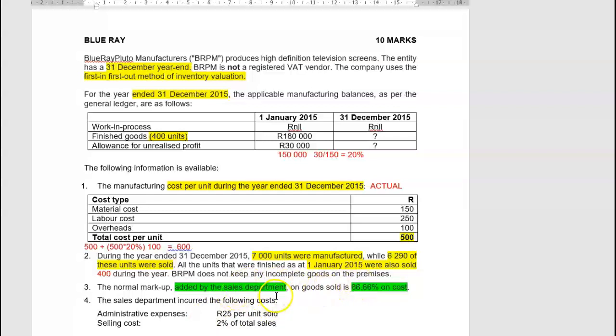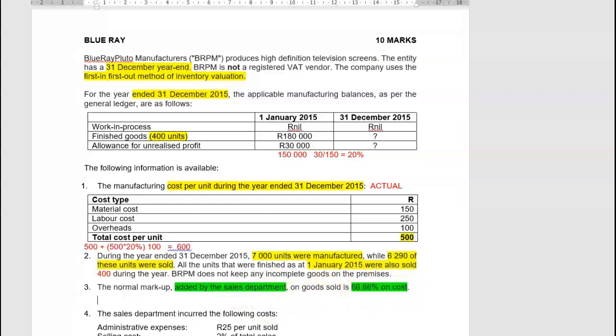So when they determine the selling price of an item, that will equal the inflated cost per item multiplied by 1.66666666, that is 66.67% on cost.